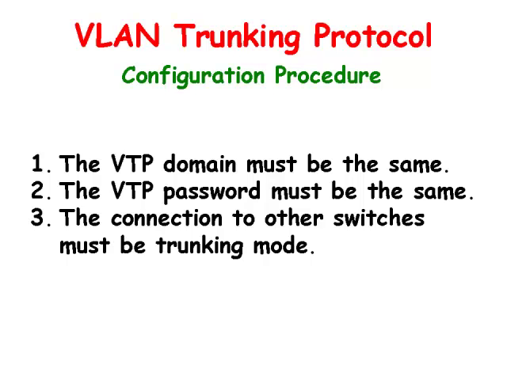A VTP domain is an administrative group. The VTP domain must be the same between all the switches. Also, the VTP password must be the same, and the connection to other switches must be in trunking mode in order for the switches to synchronize VTP information.